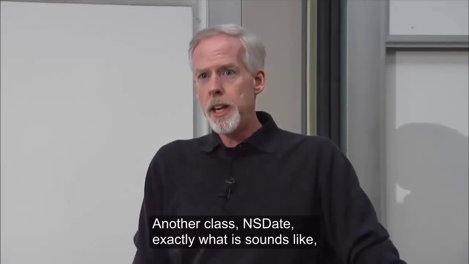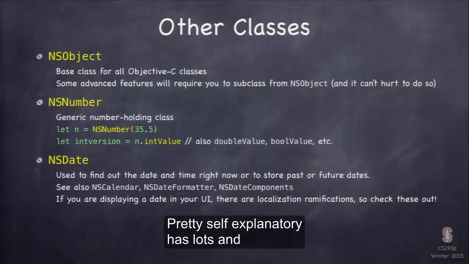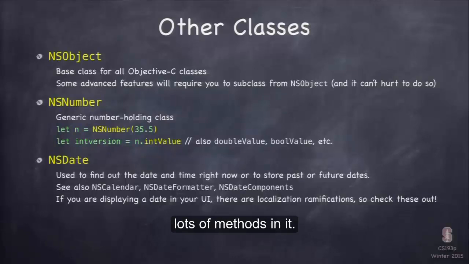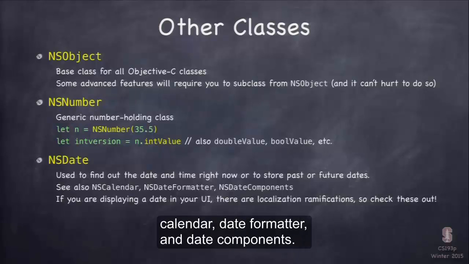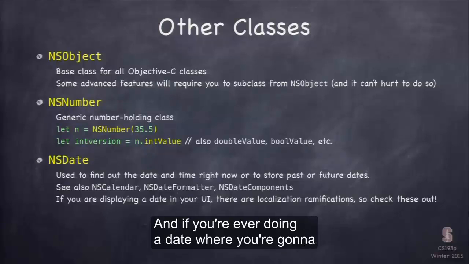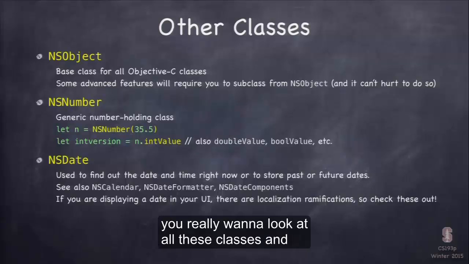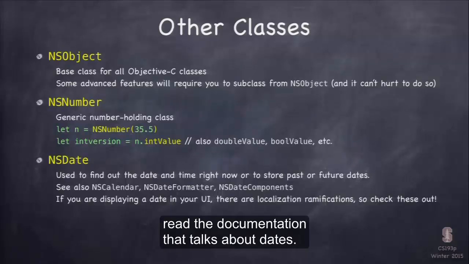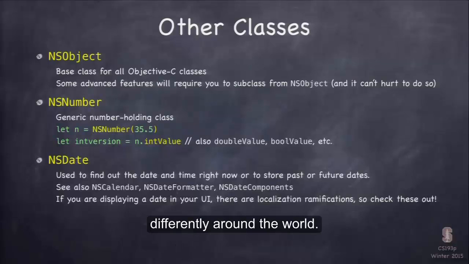Now the class NSDate is exactly what it sounds like: it stores a date, and lets you get the current date and time too. Pretty self-explanatory, it has lots and lots of methods in it. And it has even more methods because there are those three other classes mentioned here: Calendar, DateFormatter, and DateComponents. If you're ever going to put a date on screen as part of your application, you really want to look at all these classes and read the documentation that talks about dates, because dates are displayed very differently around the world.